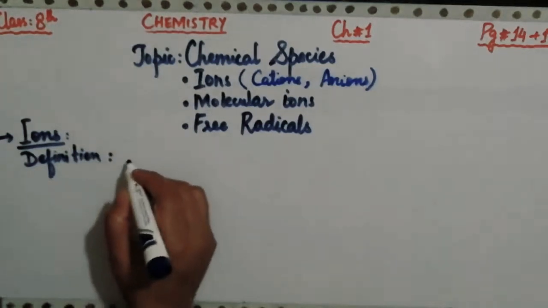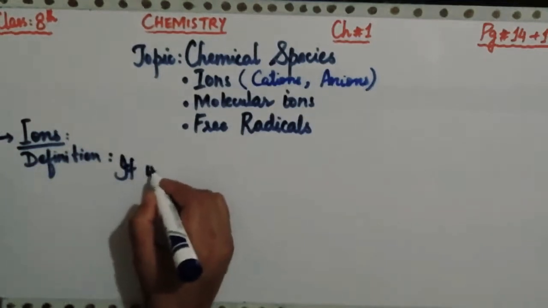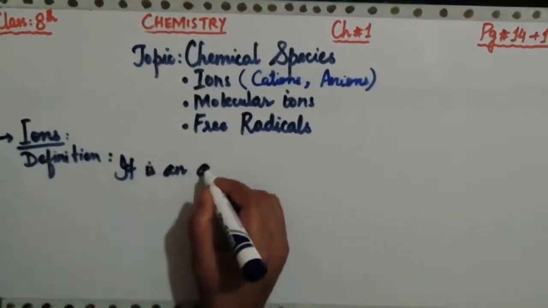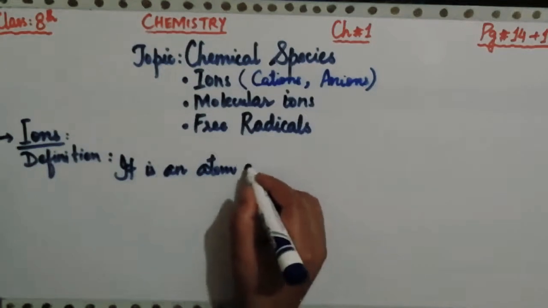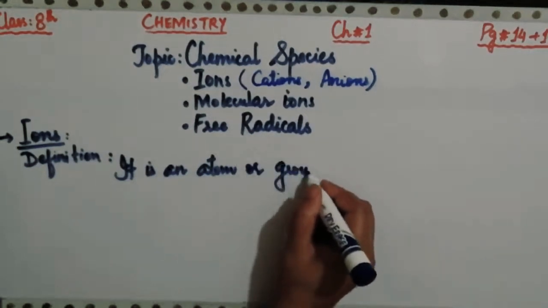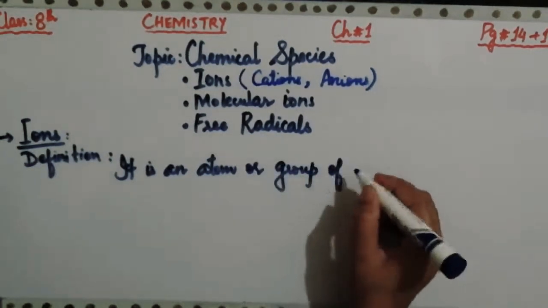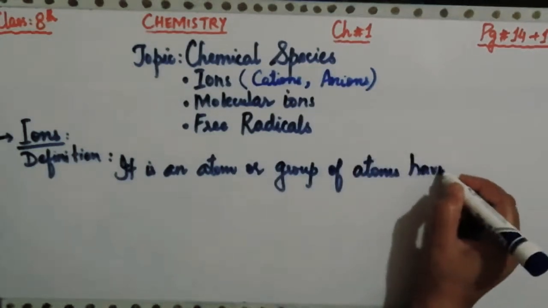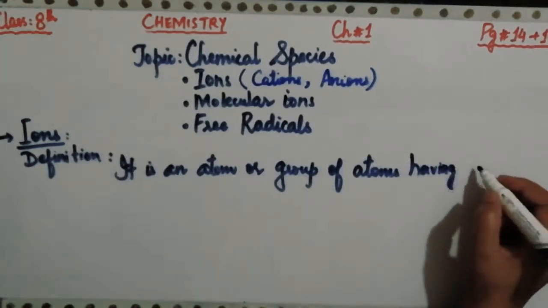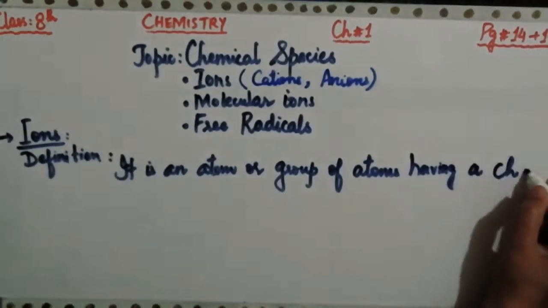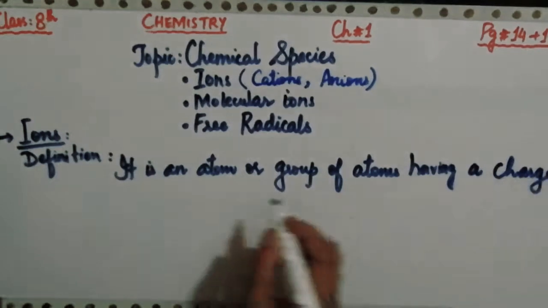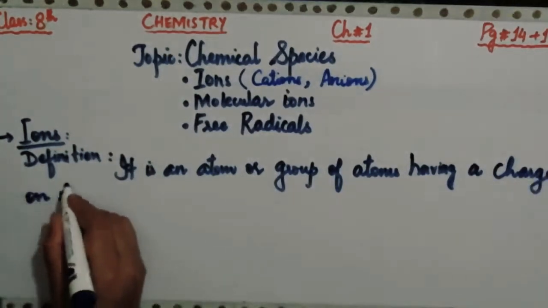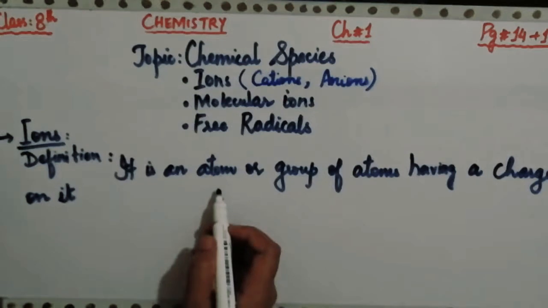It is an atom or group of atoms having some charge on it. So it is a group of atoms or it can be an atom which has some charge on it.